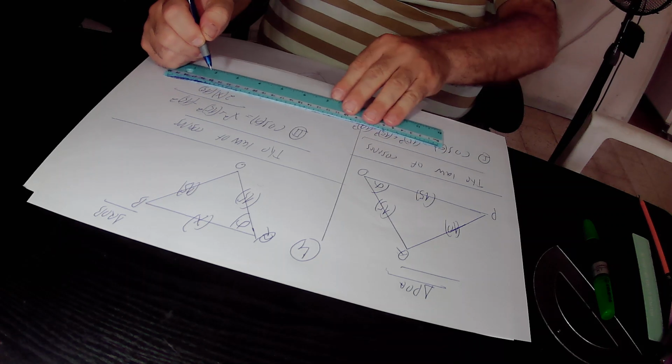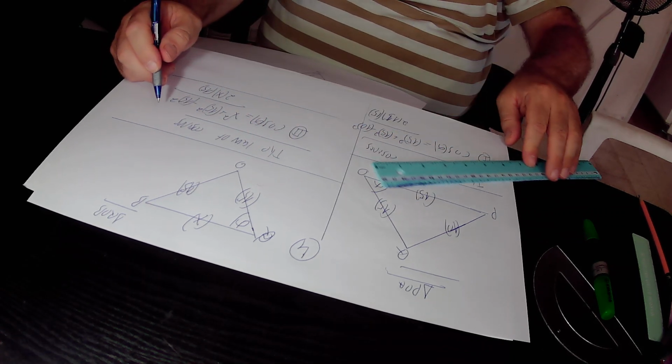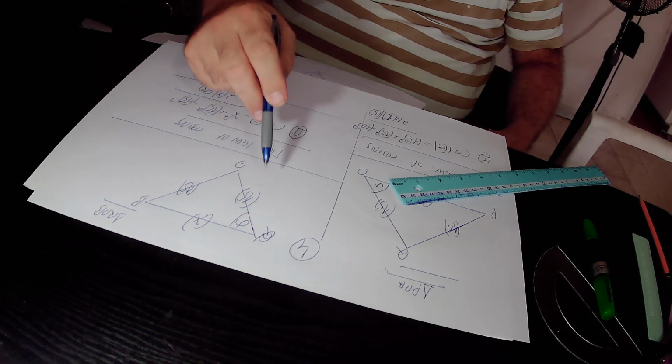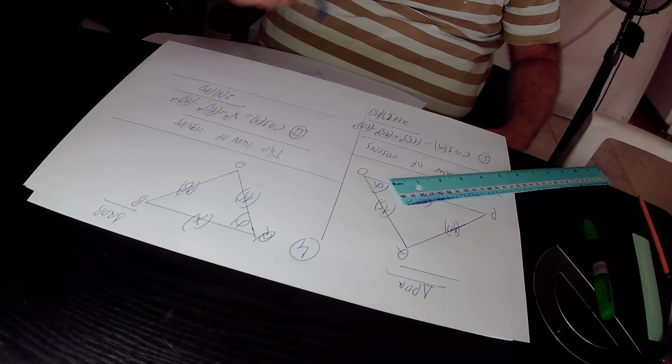Repeat again, cosine alpha equals x squared plus 15 squared minus 15 squared over 2 times x times 15.